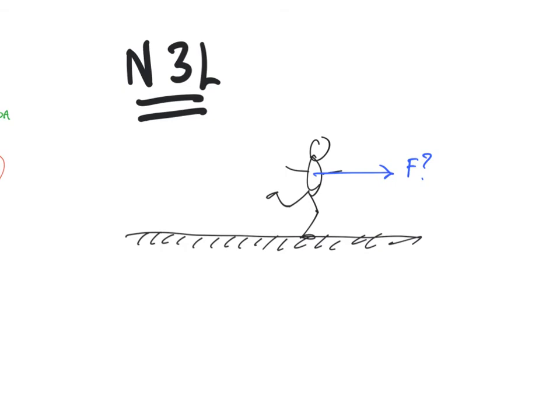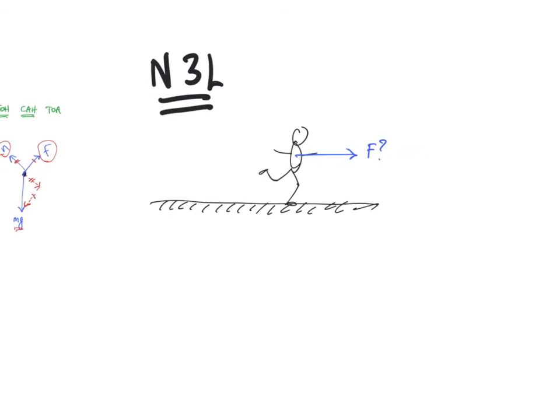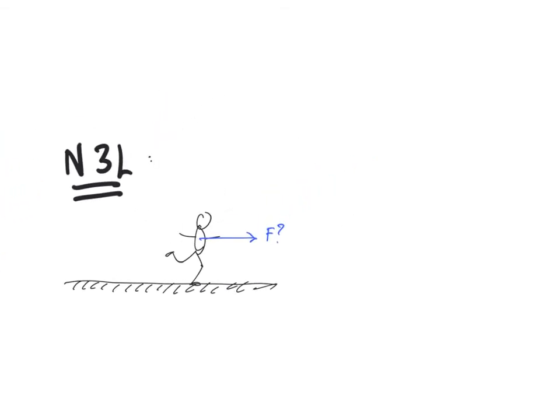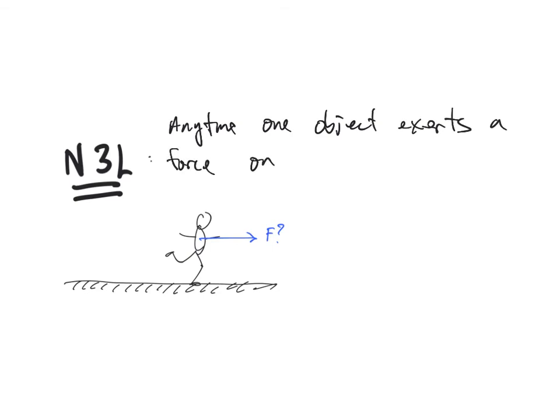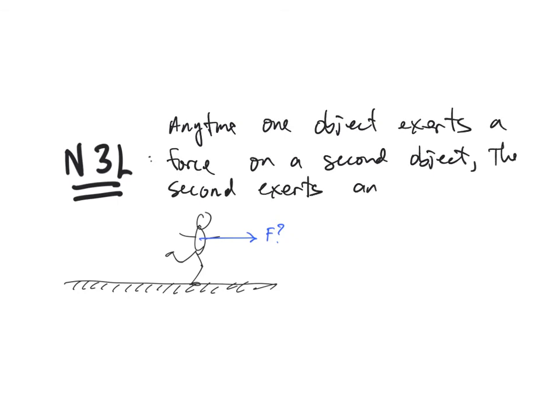And this gets to Newton's third law. Maybe I'll state the third law, and then we can come back to this example. The third law is sometimes called the action-reaction principle. If I were to write it out, it would look something like this. Anytime one object exerts a force on a second object, the second exerts an equal force back on the first.